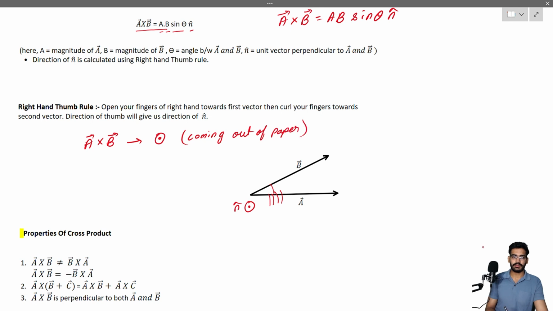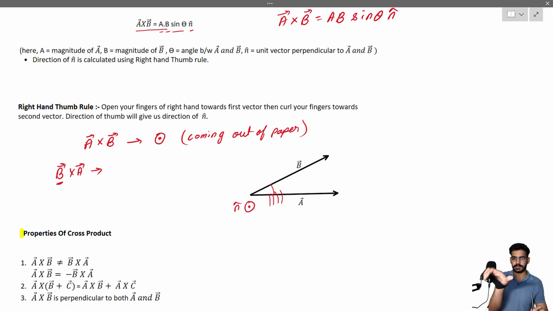Okay, now what if it is B cross A? What will it be for B cross A? If you apply the right hand thumb rule, you have to always check with the help of the right hand. So go with the right hand, first towards B and then cross A, so it is going to come inside the paper. Okay, B cross A is inside the paper. Whatever vector is written first, always go with that first vector.